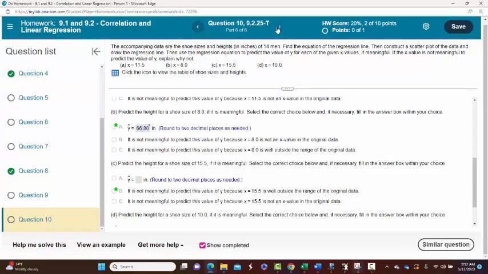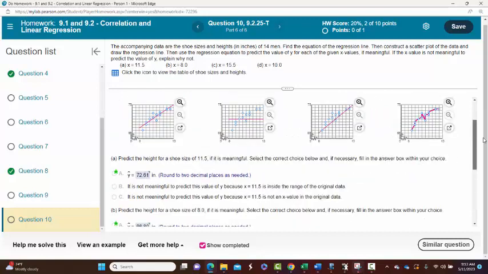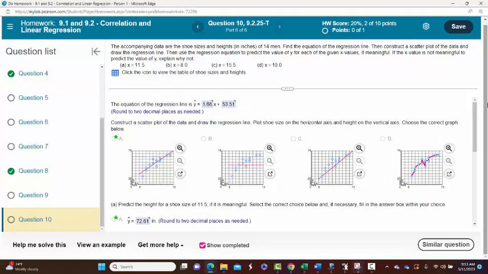Okay, this is just a prediction. Oh no, it's not just a prediction. It's also got the scatter plot. All right, so. I guess this is fine.